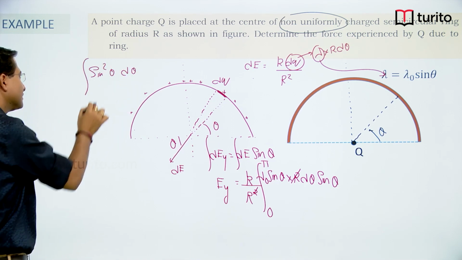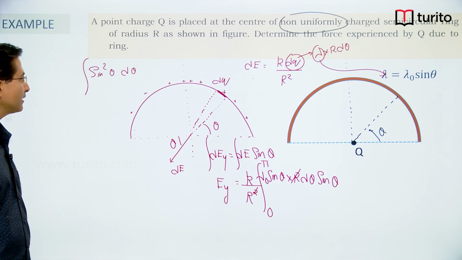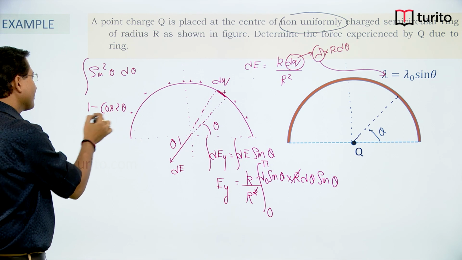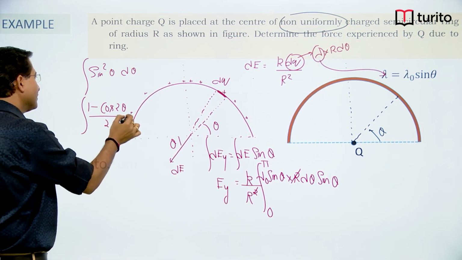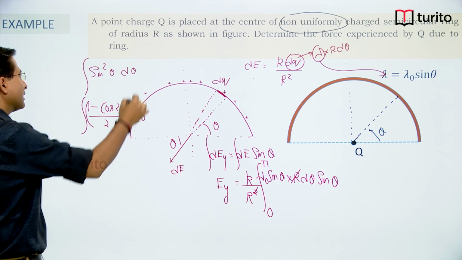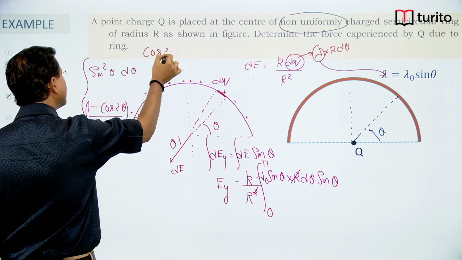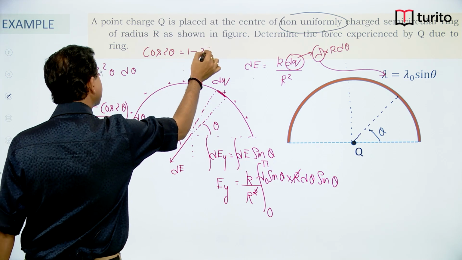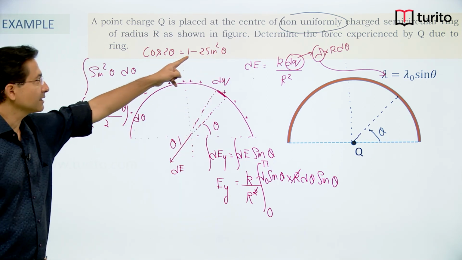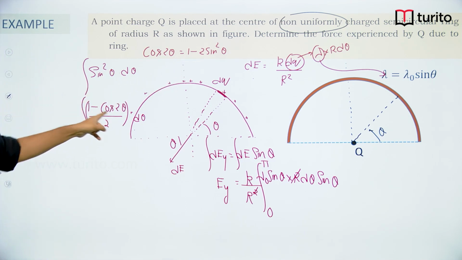This can be written as 1 minus cos 2 theta divided by 2, where I can use the result cos 2 theta is equal to 1 minus 2 sin square theta. Using this result I can substitute the value of sin square theta here and integrate this one.